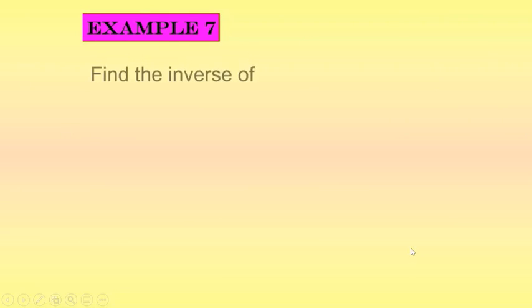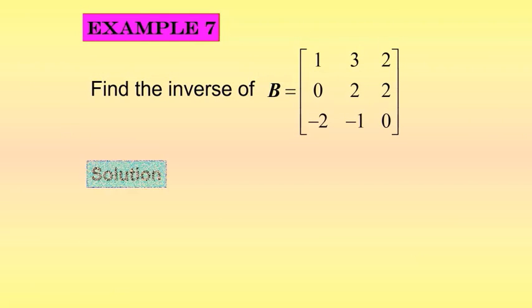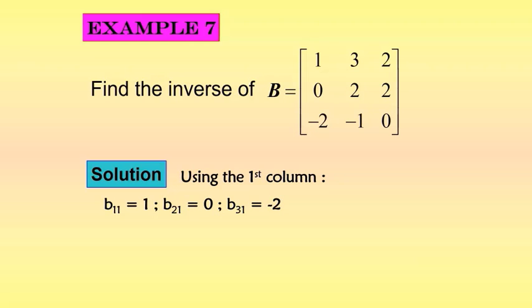Okay, example 7. Find the inverse of B. Same method using the first column. You can choose any column, but our priority is to choose the one with the most 0 entries. So we have 2 zeros there, so you can choose whichever one you like.